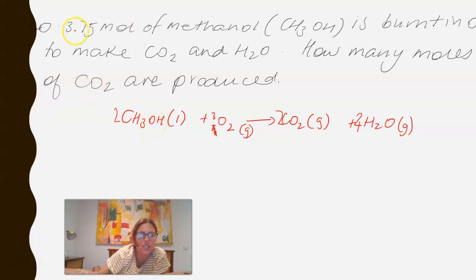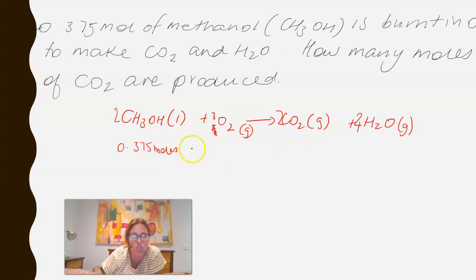But anyway, the question comes back and says I've got 0.375 moles of methanol, and how many moles of carbon dioxide are produced. So you can see here that the ratio is 2 to 2.